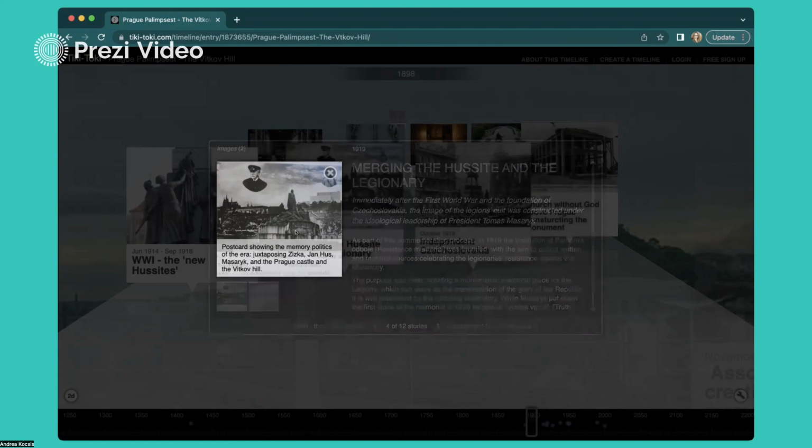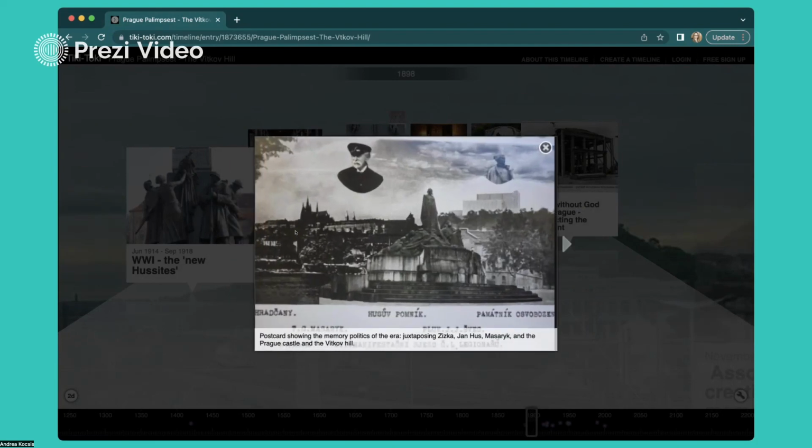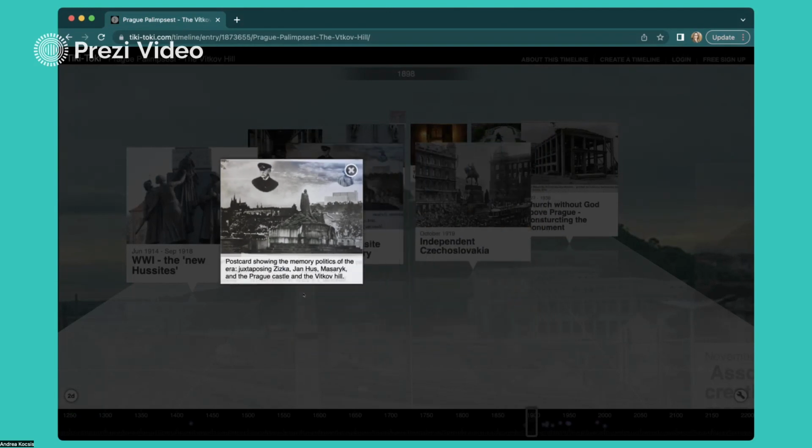The best example of this juxtaposition of memory is this postcard, where you can see Thomas Masaryk himself, the new memorial being built on the Vítkov Hill, Jan Žižka, and the Hussite theological leader Jan Hus, and also the Prague Castle, which was turned from a monarchist place into a governmental place.